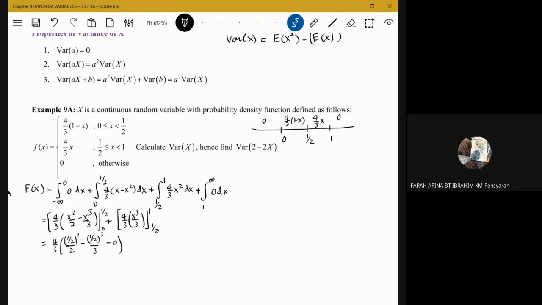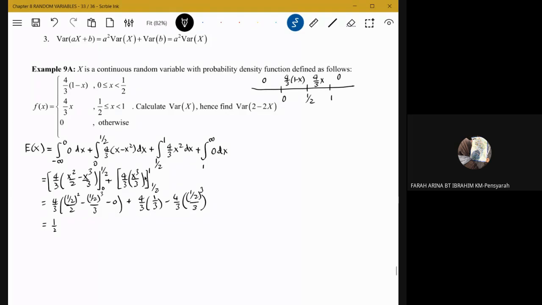So we get 0 here, and then here we're going to have 4 over 3, 1 over 3 minus 4 over 3, half cubed over 3. So if you use the calculator, directly we're going to have half for the value for EX. Okay, that one is the EX.